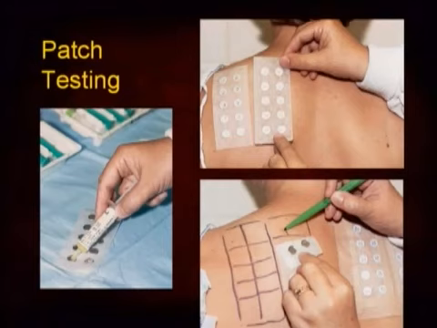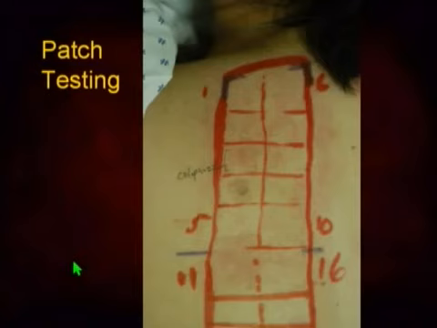And in certain clinics around the country, those substances can be made into special preparations that are then put into these tiny chambers and then applied to the skin and allowed to stay in place, clean and dry, for 48 hours. When the patient comes back, the patches are removed and you can look and see what exactly the patient has had a reaction to, if anything. And then another 48 hours after that, the test is examined again, looking for a delayed response.